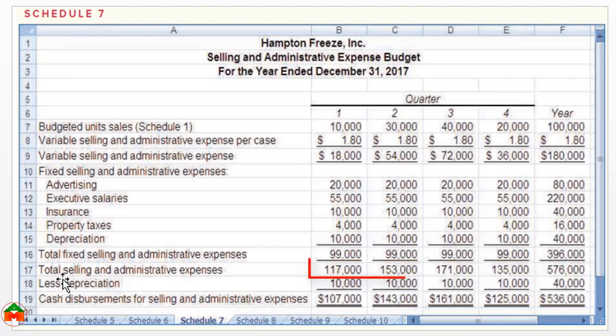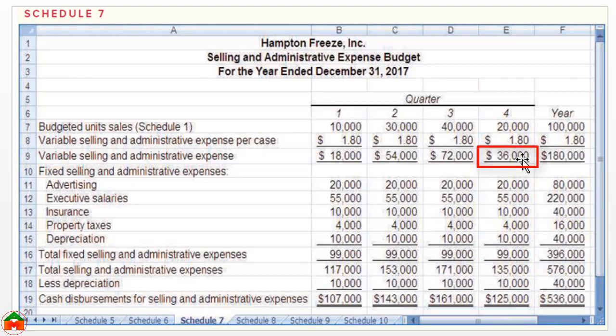In total selling and administrative expense, we add 18,000 plus 99,000, total 117,000. Here 54,000 variable and 99,000 fixed, total 153,000. Here 72,000 variable and 99,000 fixed, total 171,000.